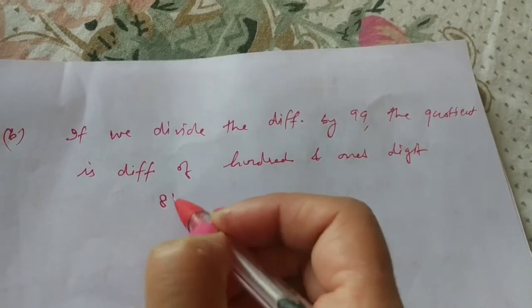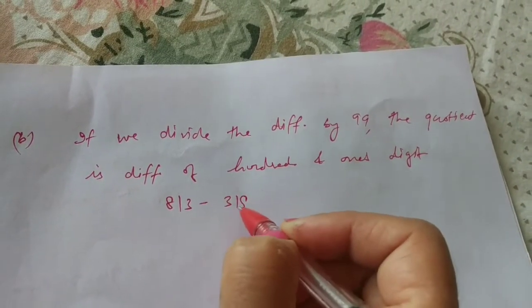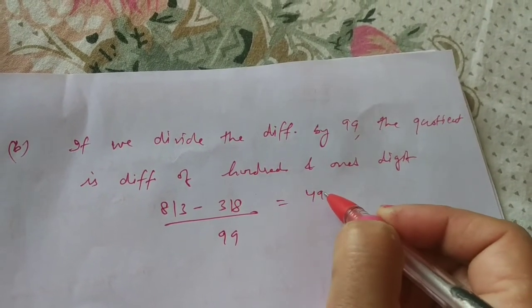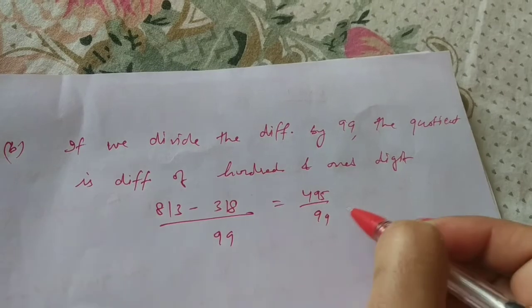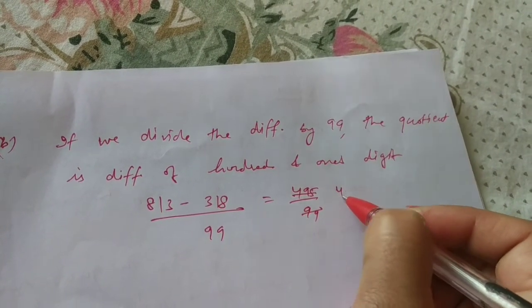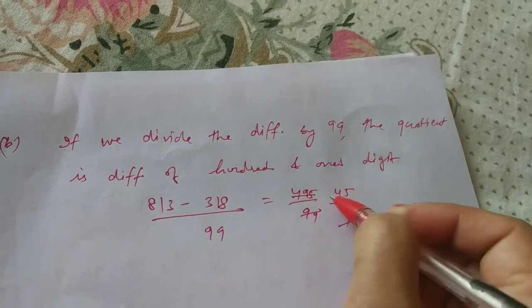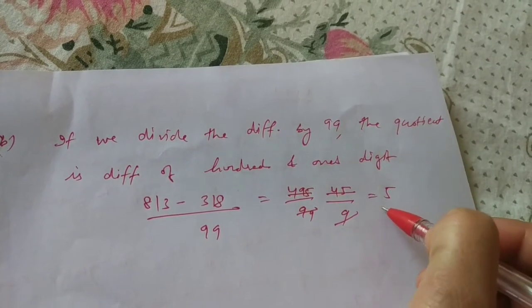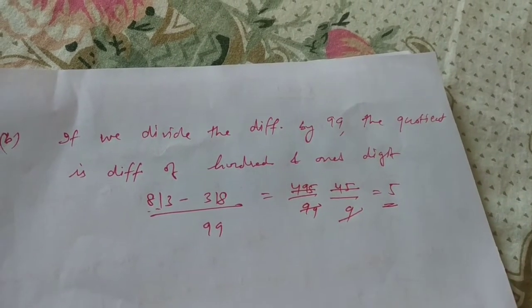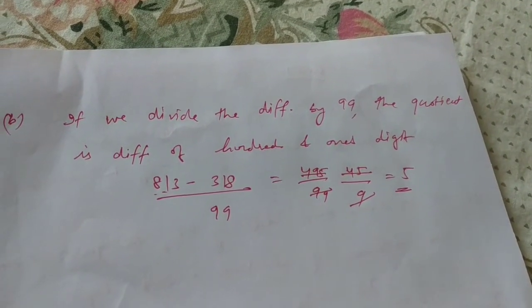So 813 minus 318 by 99, that means 495 by 99. It will go by 11, of course. 11 4s are 44, 11 5s are 55, and the quotient would be the difference of the hundreds and ones digits, 8 minus 3, 5. Hope the question is clear.